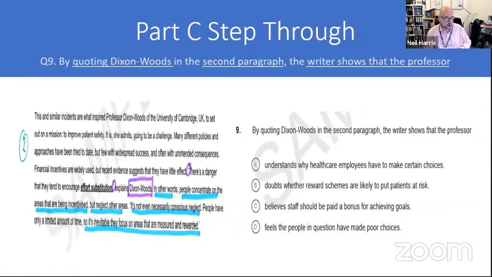Now, if we go to the options, very quickly, I think you'll be able to see one of the options that stands out. I'm just pausing here to give you time to think about which option might stand out in question 9.